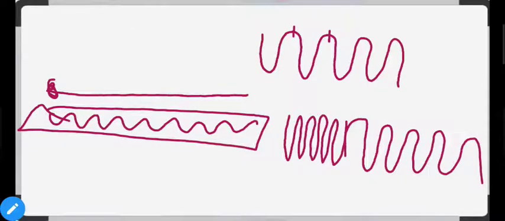Why? Because as we can see, in this unit distance we can pack more waves than this. Suppose these two are the same length, then we have comparatively more waves in the shorter wavelength and fewer waves in the longer wavelength.